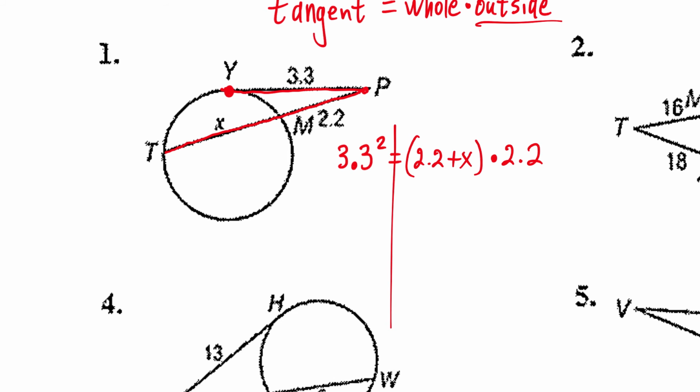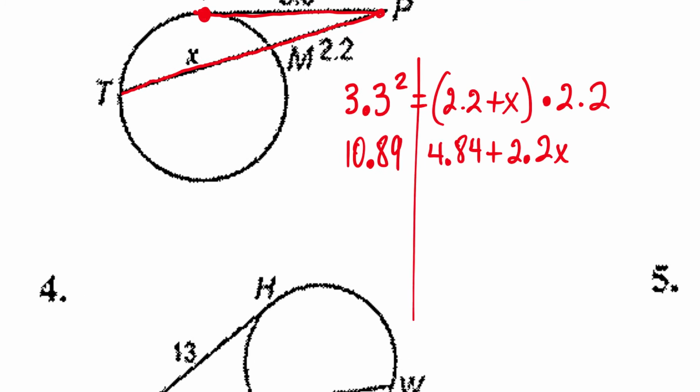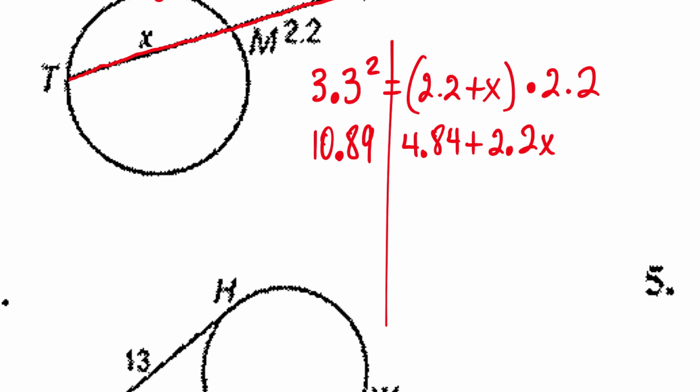So 3.3 squared is 10.89 equals 2.2 times 2.2, which is 4.84, plus 2.2x.